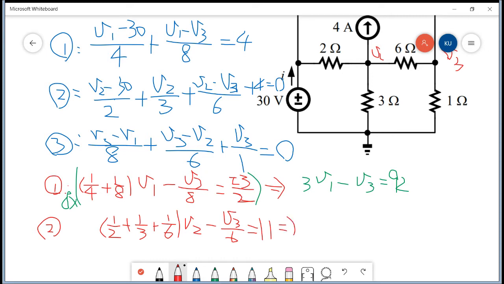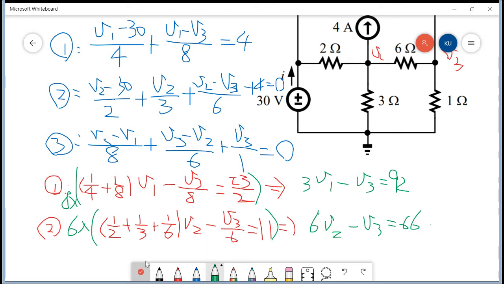We multiply both sides by 6, so we have 6V2 minus V3 equals 66.